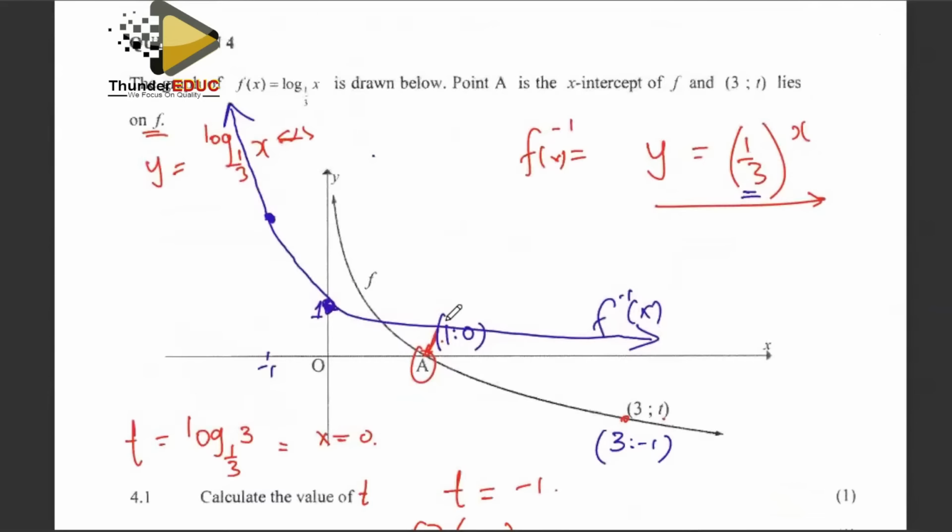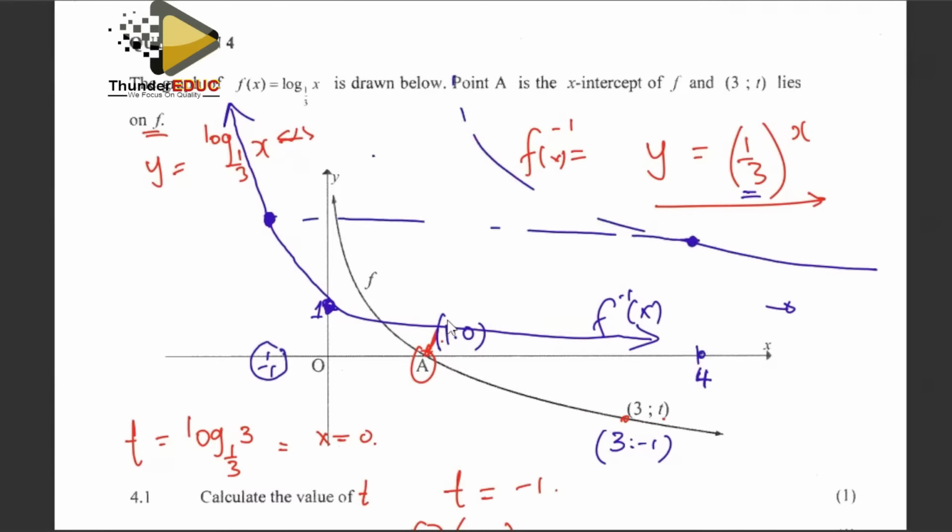If we move this graph 5 units to the right, it simply means that this negative 1 here is going to be our present 4 at that point. Since it is moving horizontally, the graph is going to be somewhere there, whereby this y value must be maintained. So the new point will be 4 and 3.